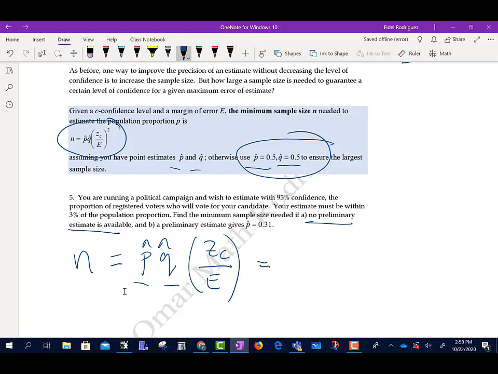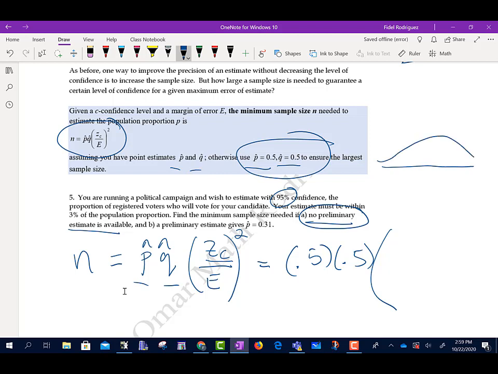So my P hat and Q hat, because I don't have a preliminary estimate, we're going to say 0.5 for P hat, 0.5 for Q hat. Oops, there was a square here, I forgot to write it. Times the ZC value for a 95% confidence level. Just to give you a basic picture, we want the area inside that curve between those two numbers to be 0.95.